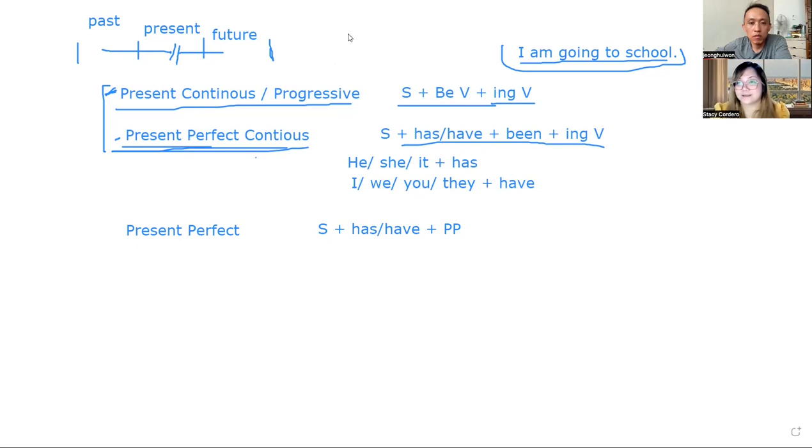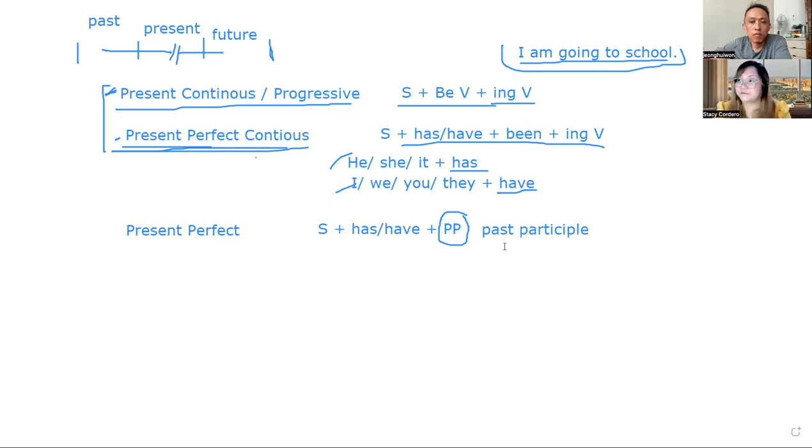So it's the same thing. If your subject is he, she, it, then we will use has. If it's I, we, you, they, then we will use have. Now, what is PP? PP stands for past participle.